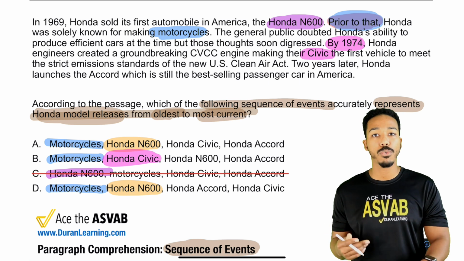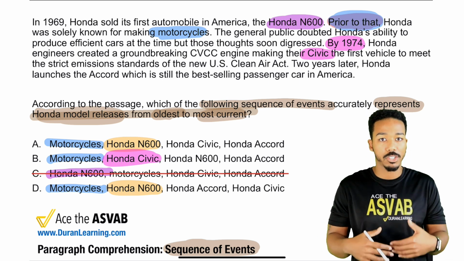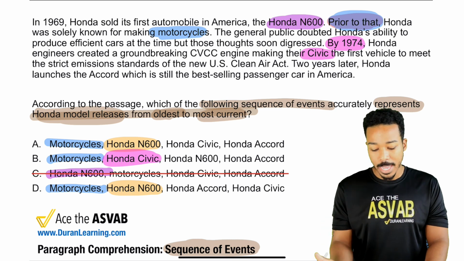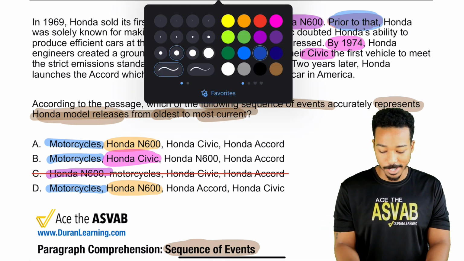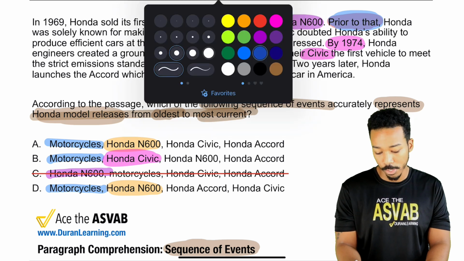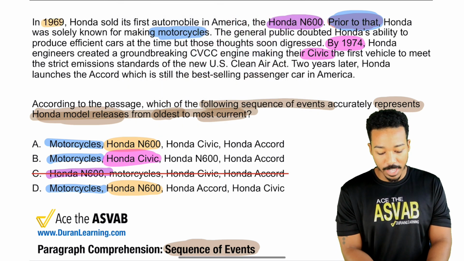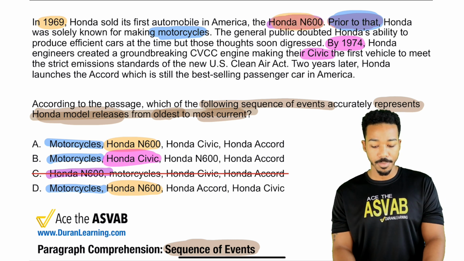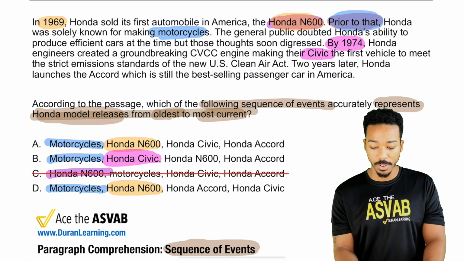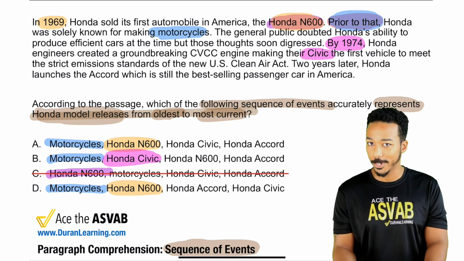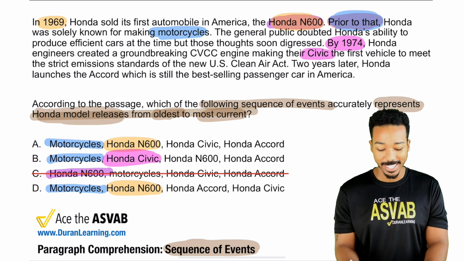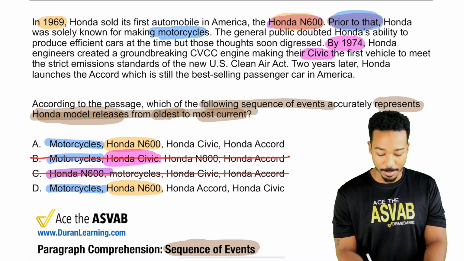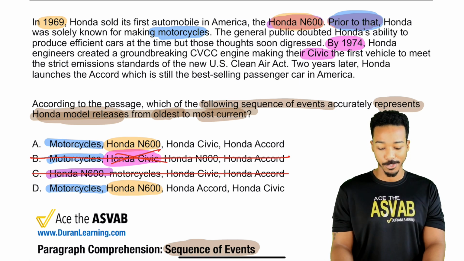So in 1974, that's when the Civic started getting into production and into the hands of producers and consumers. And so with that, we're using orange now for the N600. We see here that in 1969, the N600 was sold. And then it says in 1974, that's when the Civic came. Which one came first? 1969, the Honda N600. And so with that said, answer choice B goes bye-bye because the Civic did not come before the N600.